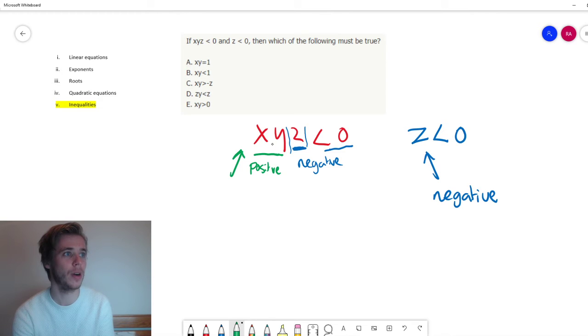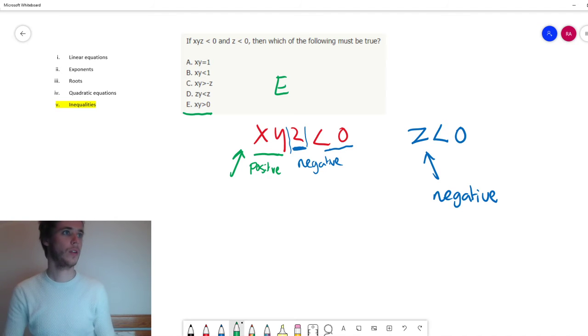A positive number times a negative number will always be a negative number, smaller than 0. So which statement gives xy is positive? Statement E: xy is greater than 0. So answer E. Okay, hopefully you get it. Let's go to the last question.